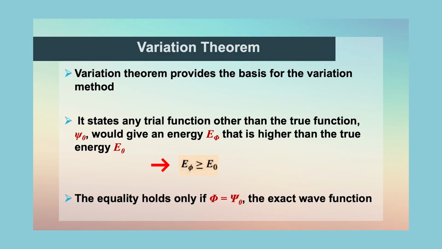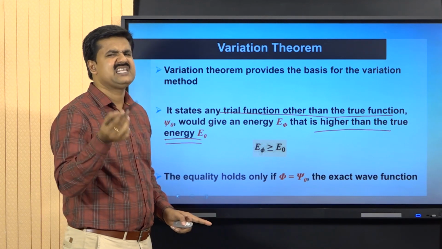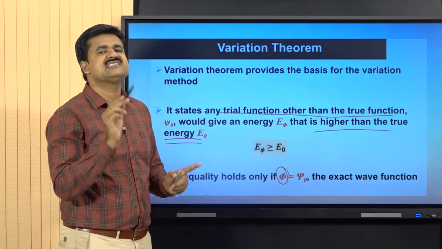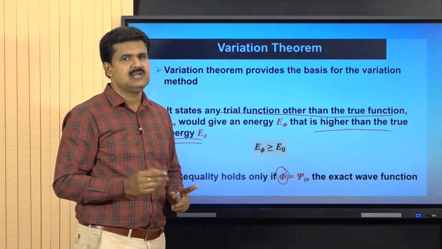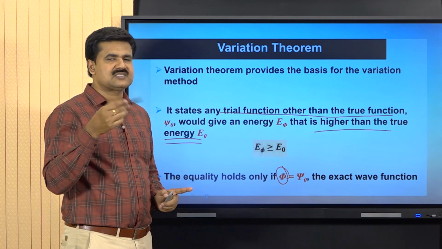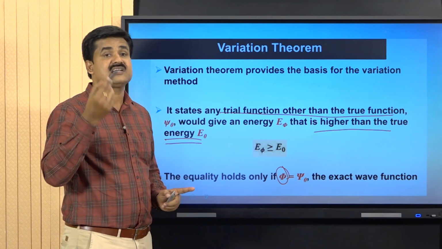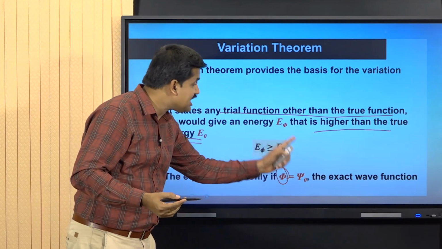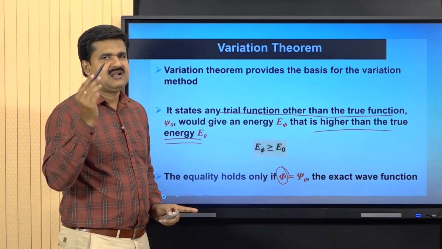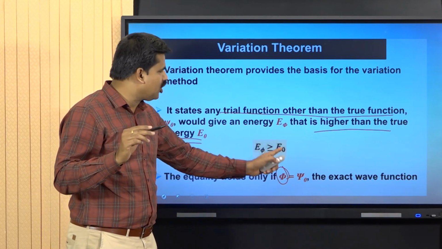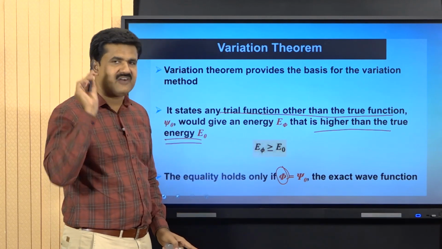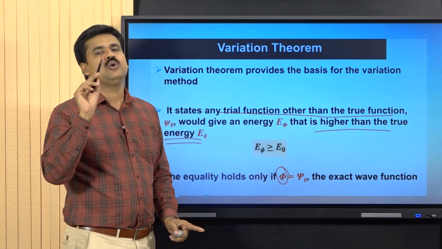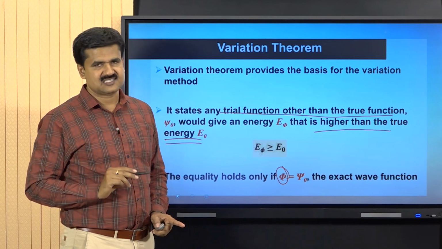And this equal sign is valid if and only if the trial wave function phi is equal to the original wave function. So, if the trial wave function turns out to be the original wave function, then E phi will be equal to E0. The equality holds if and only if the selected trial wave function is equal to the original ground state wave function of the system.